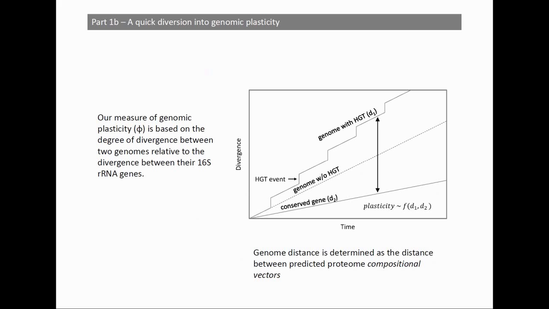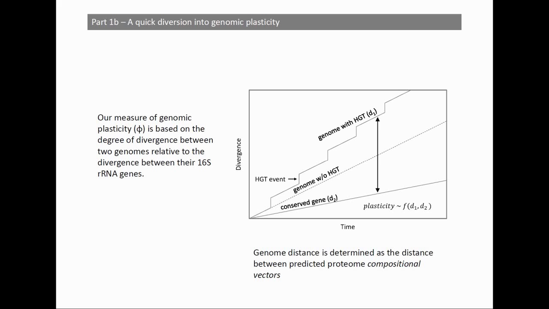So the basic way that the phi parameter works is, imagine that you have a single bacterium that splits into two daughter cells, and those two daughter cells and their lineages start to diverge genetically with respect to time. So here we have divergence, here we have time. Now, the basic idea here is that if we have a conserved gene, such as the 16S rRNA gene, it's going to diverge at one rate.